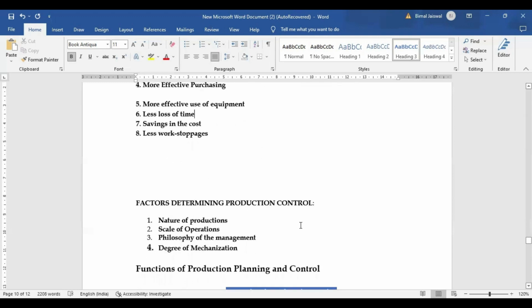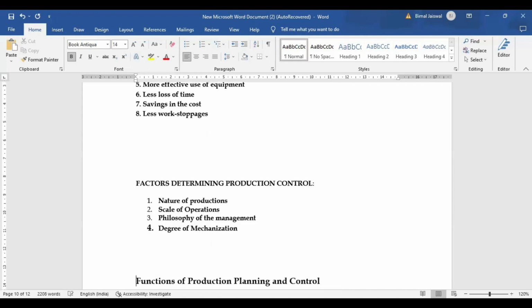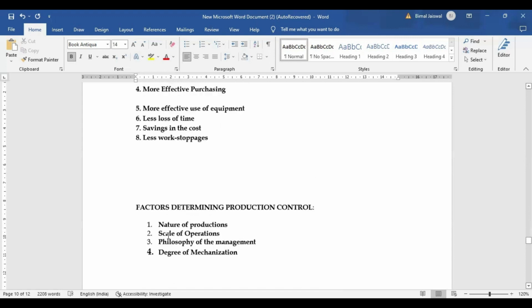Now these are the various factors considered for production control. Functions also we will take up, but later on. Factors means what factors we are supposed to keep in mind, or which can deviate the production control activities.